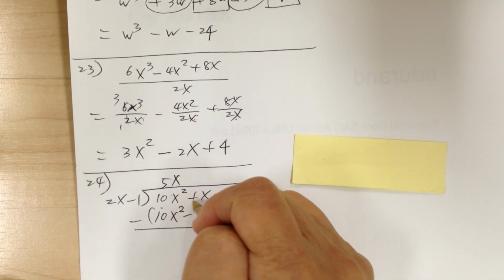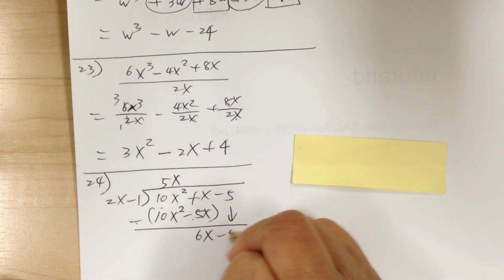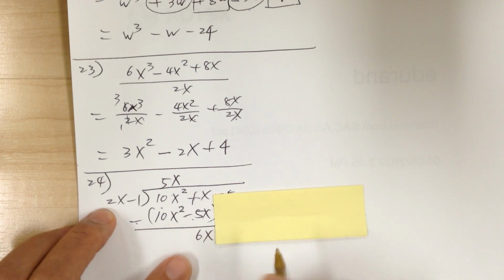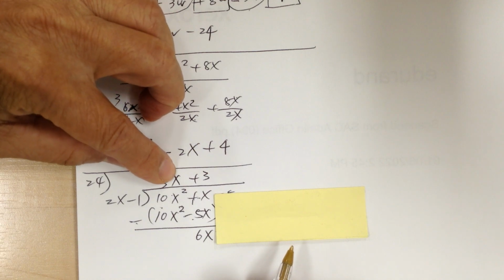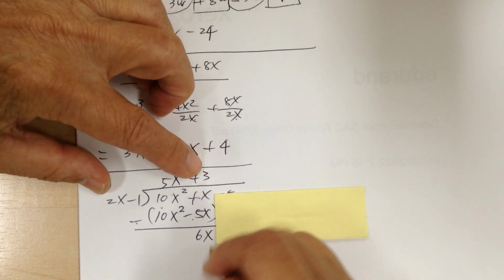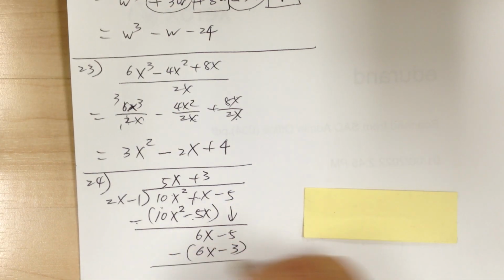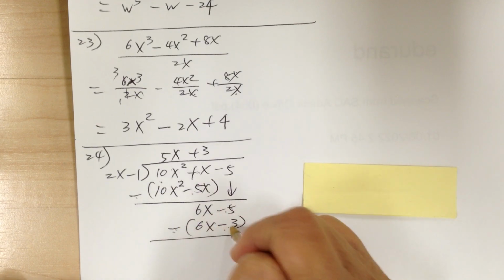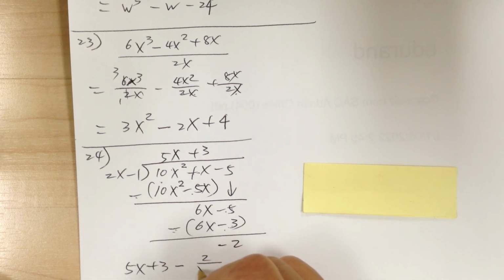So subtract. So you got 1 minus negative 5 will give you 6. Okay, drop. Okay, you focus on the first term. So you need to get plus 3. So notice it goes down in order, right? You got x to the 1 power, then you got no x. So multiply, you get 6x minus 3. Okay, so subtract. Negative 5 minus negative 3, this becomes plus 3. So negative 5 plus 3 will give you negative 2. Okay, so your answer would be 5x plus 3 minus 2 over 2x minus 1.